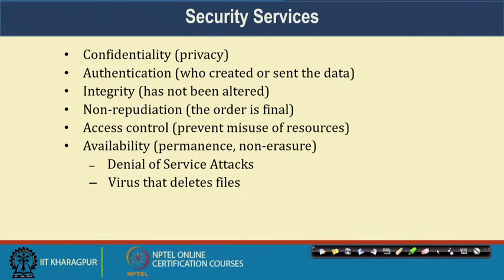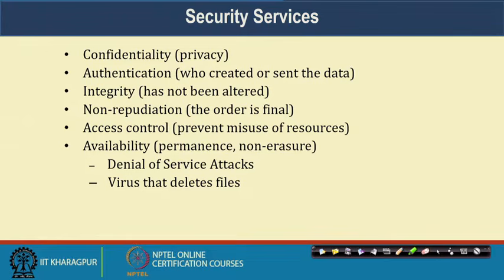Then finally, we have availability. So, permanence or non erasure of the things. If I am able to access something over the internet, and if I have a right to do that, then it should be available to me, right. So, if there is any attack on this availability, there will be denial of service attacks, right.